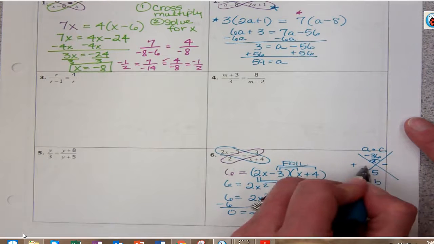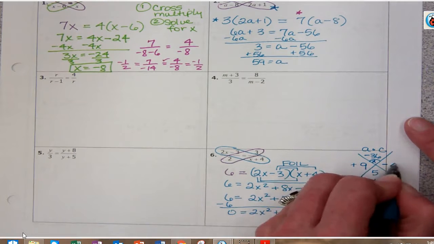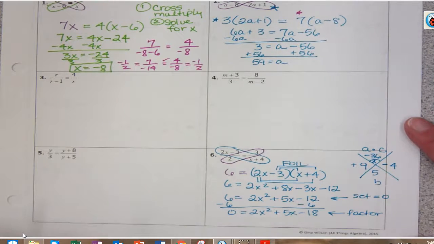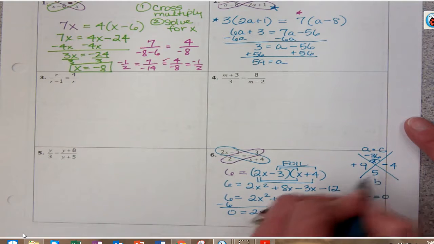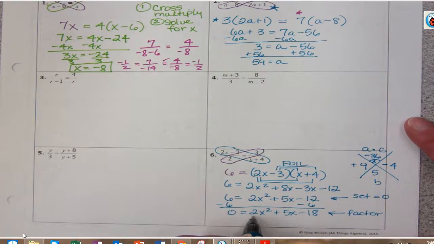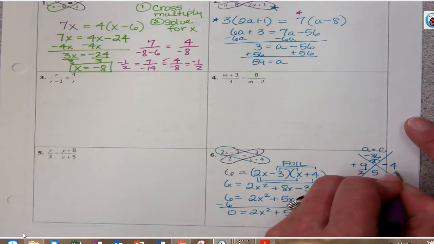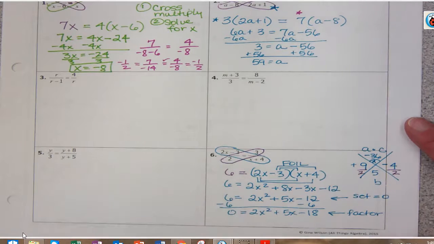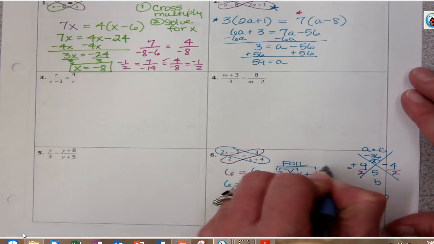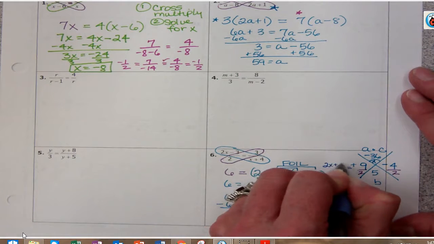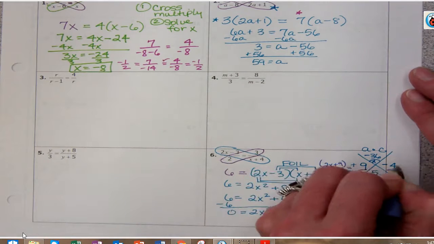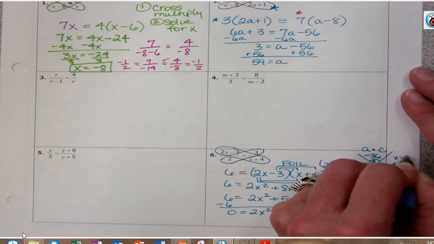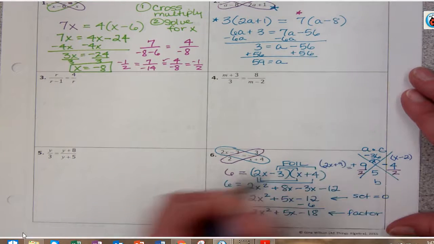I'm going to get 9 and 4. So I'm going to be left, but I have to divide by this 2. Remember? So we're going to divide by 2. Divide by 2. So I'm going to get 2x plus 9 here and x minus 2 here.